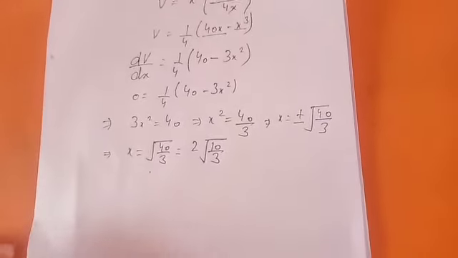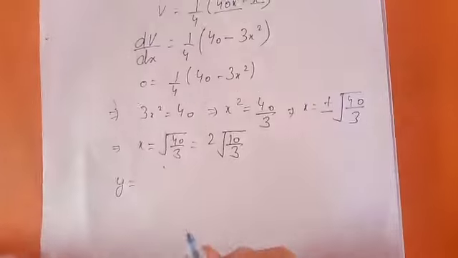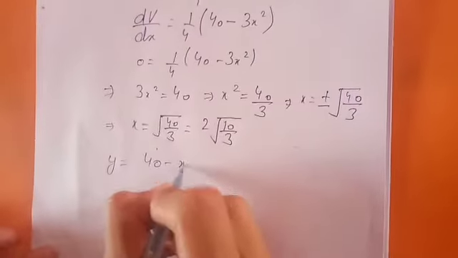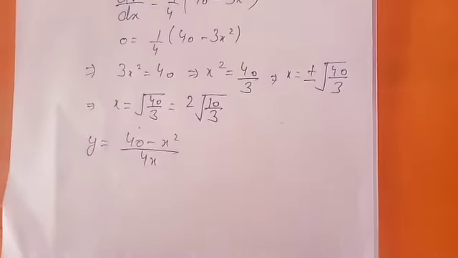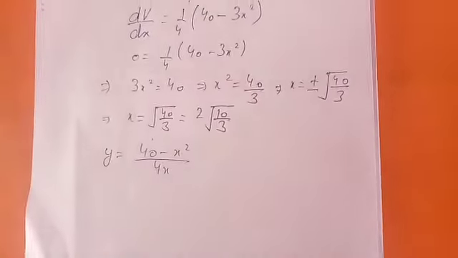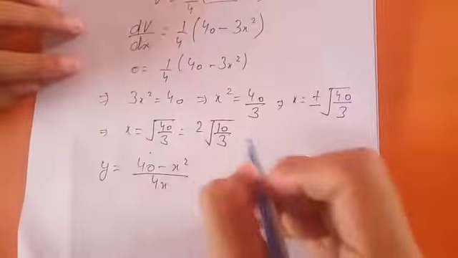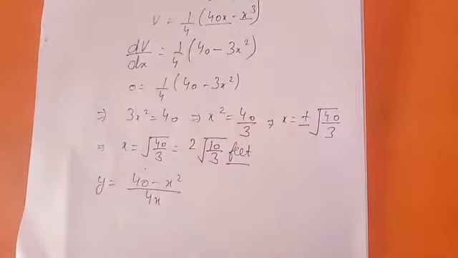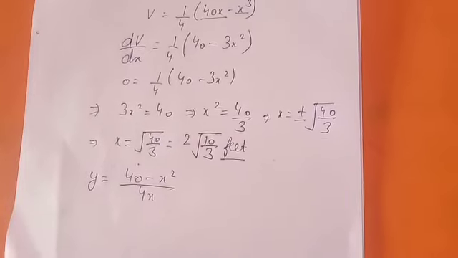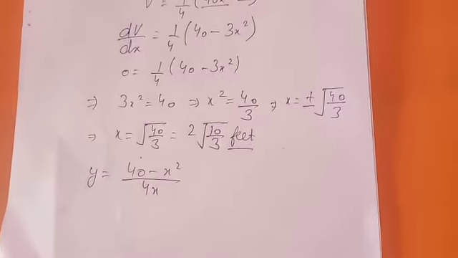Its height is y. Y is equal to what? (40 minus x square) by 4x. In place of x, we just have to put the value 2 into root 10 by 3. It is in feet. Remember the measurement: if it is given in feet, you have to use feet, we cannot use centimeter or meter or anything else.